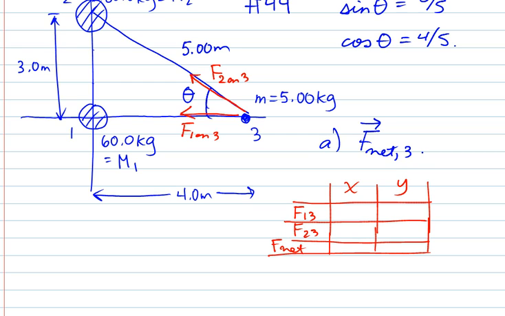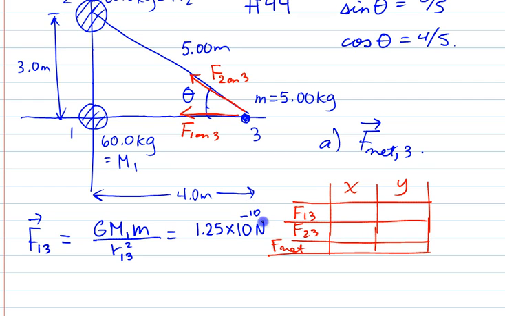We're going to use Newton's law of universal gravitation, and that means that the force of 1 on 3 is equal to G m1 m3 over r13 squared. You can plug in all the numbers, but we're going to get 1.25 times 10 to the negative 10th newtons, and that's going to be in the negative i hat direction. And that matches with our diagram.